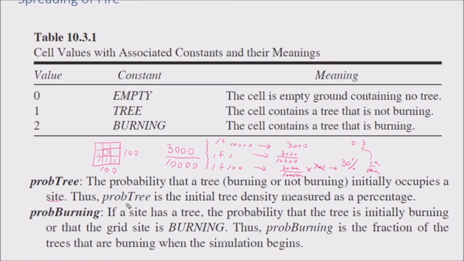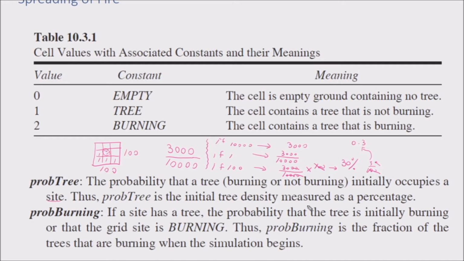The other probability I'm talking about here is the burning. In order to burn a tree, first it has to have a tree in there, and then there has to be another probability that determines whether the tree is burning or not. So that is also a fraction of whether it is possible to burn it or not.